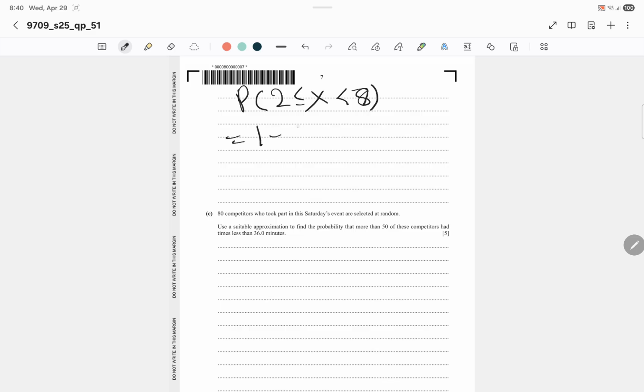We can write this as 1 minus the probability of 0 plus probability of 1 plus probability of 8 plus probability of 9. If we do that, you get the value of 0.96.